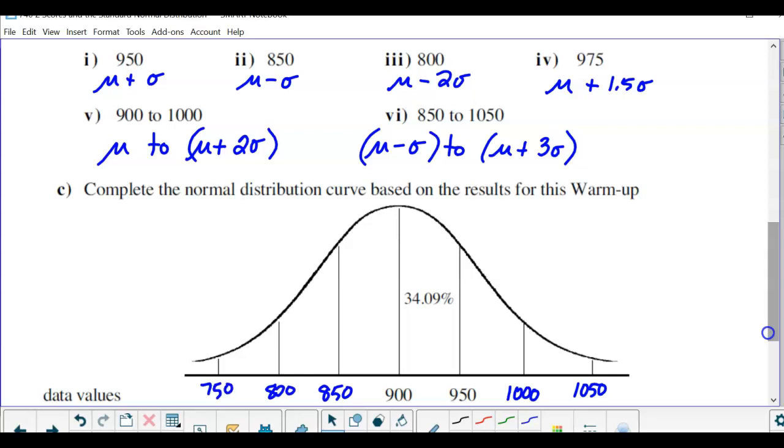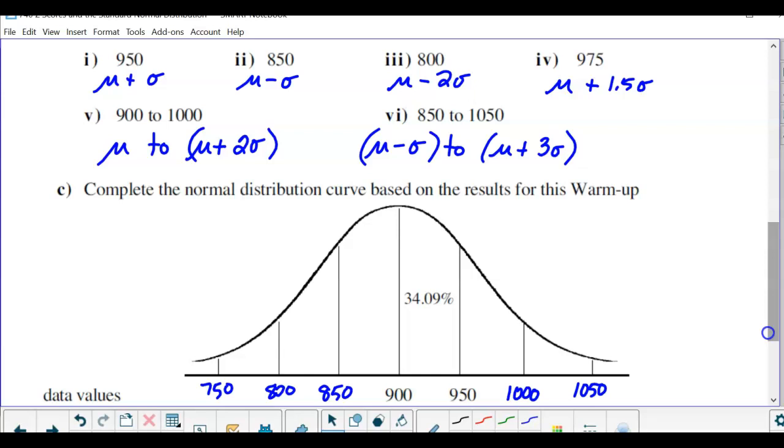So we always start in the middle with your mean, and then it was already labeled for you. 950 is the next good unit, so you know each good unit is 50. Take a look at this labeling here.